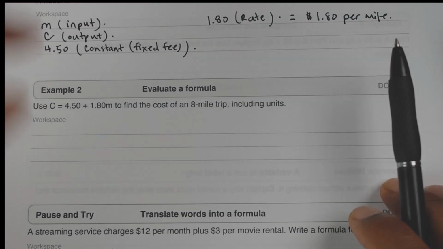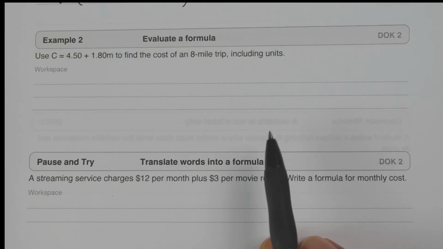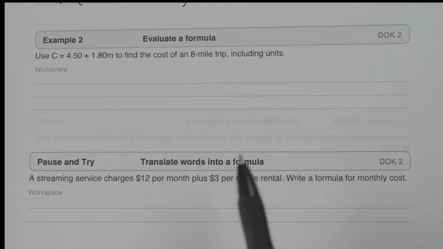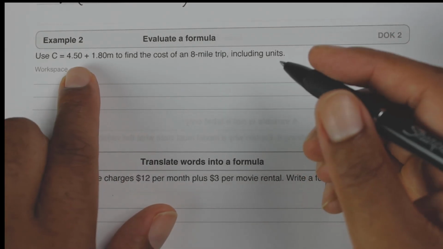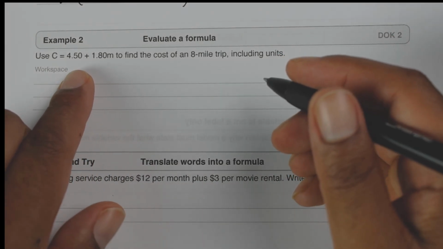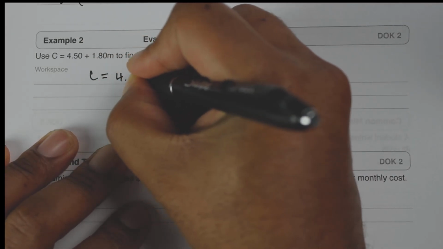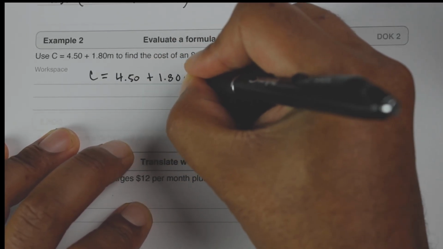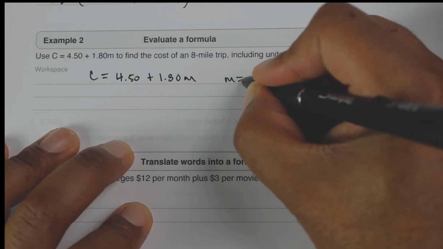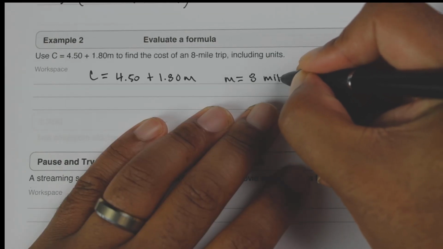Example number two, evaluate a formula. We're going to use that same formula to find the cost of an 8-mile trip, including the units. So we have our formula, C equals 450 plus 180M, and M is equal to 8 miles.